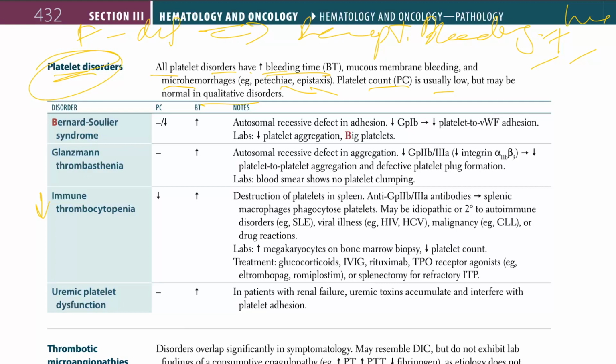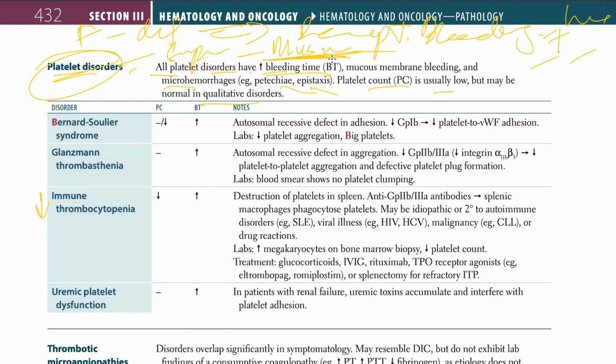But if you have a platelet problem, what are you going to have? You are going to have superficial bleeding. What do I mean by superficial bleeding? That is your mucous membrane bleeding. For example, you are going to have your epistaxis, hemoptysis, GI bleeding, hematuria, menorrhagia.